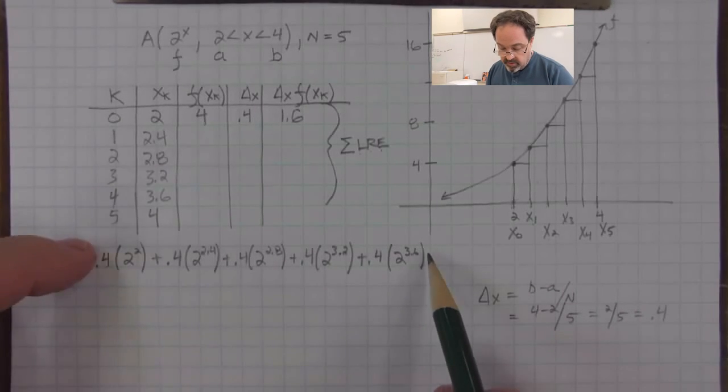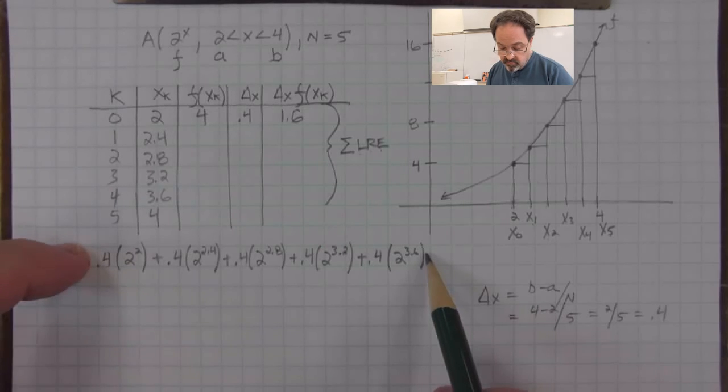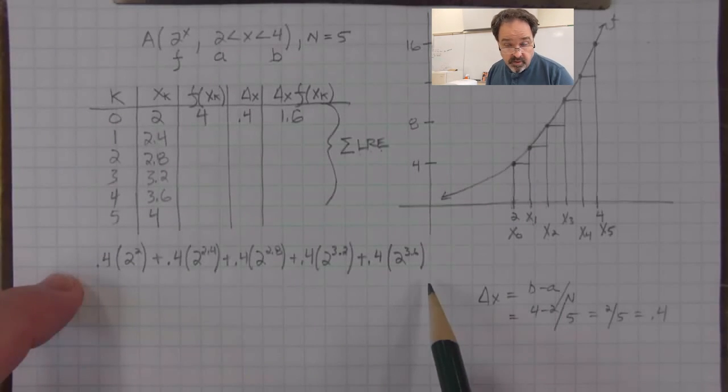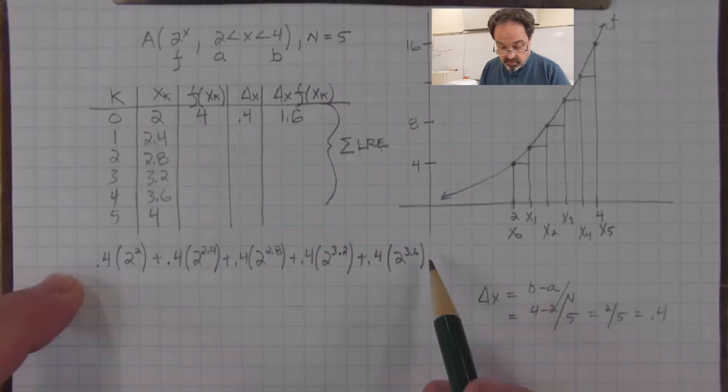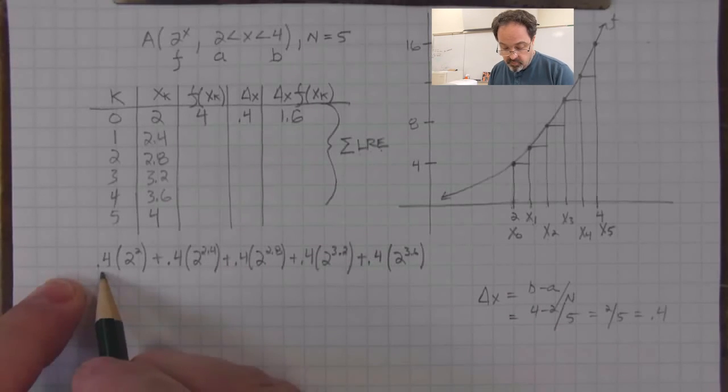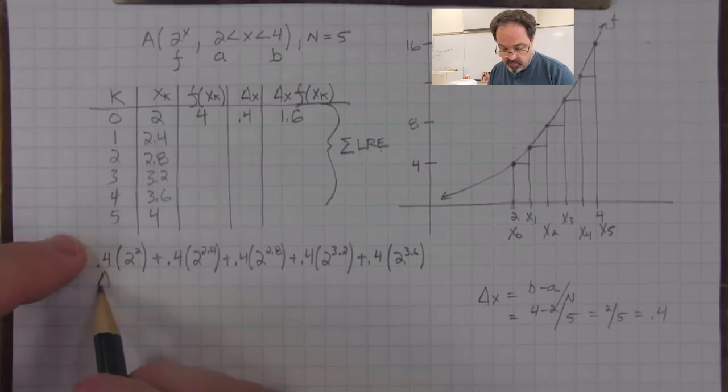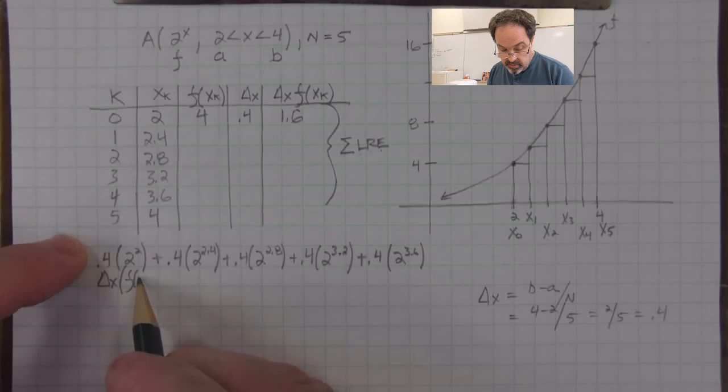I'm going to translate these numbers into the general notation that represents that. In general, what I did was this 0.4 came from delta x, and this 2 squared came from putting x sub 0 into my function.